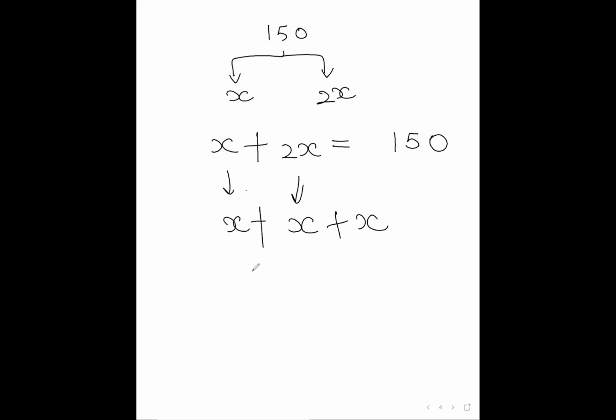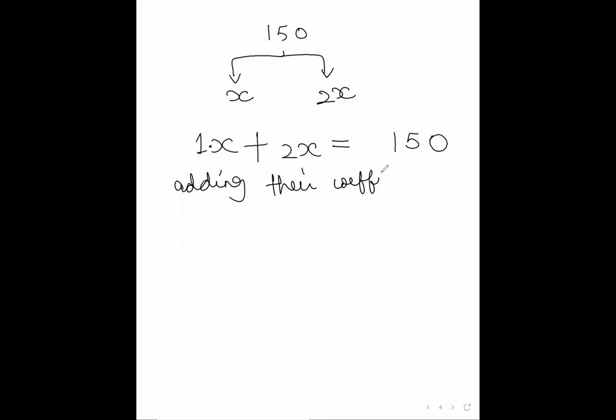Now, can you tell me what is this equal to? 3x. Yes, because this is 1 and this is 2. You are adding their coefficients. How do we know it's 1?